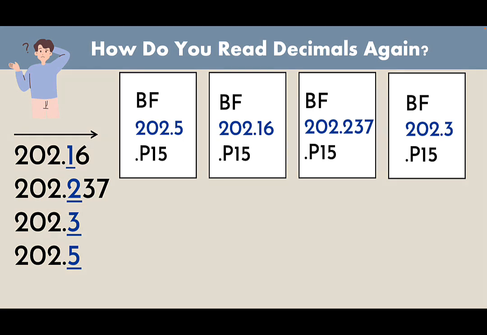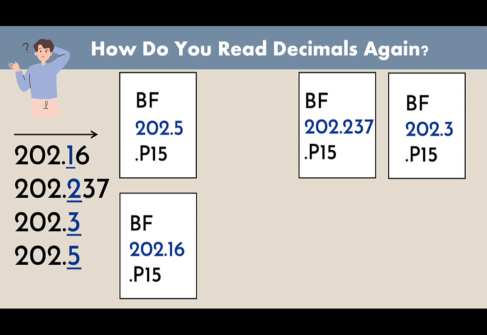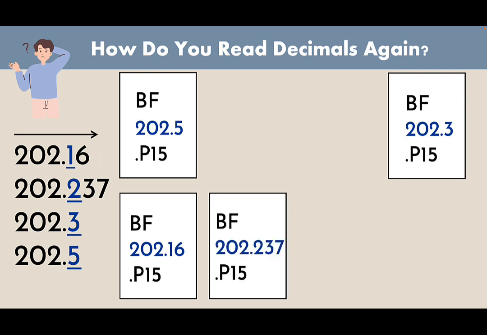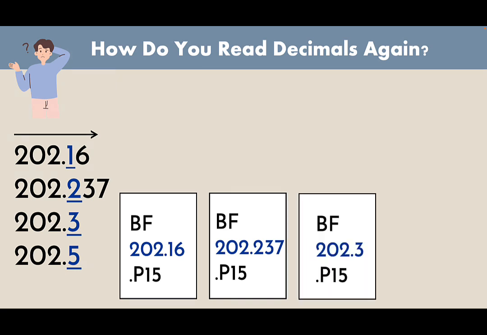In math, this is called the tenths place. When comparing numbers only in the tenths place, I know 1 is less than 2, which is less than 3, which is less than 5. Therefore, 202.16 comes first, and then 202.237. Then it's followed up with 202.3, and then 202.5.